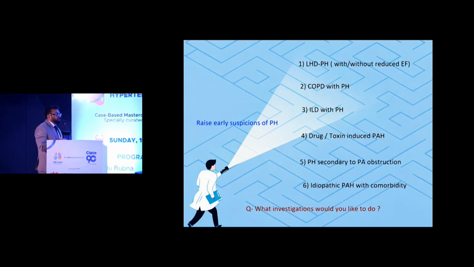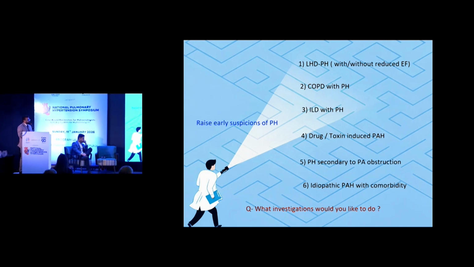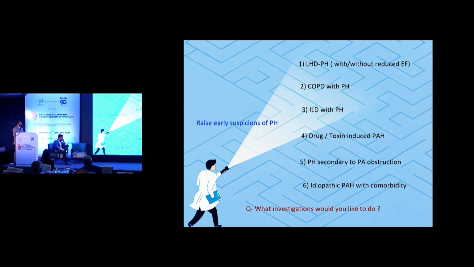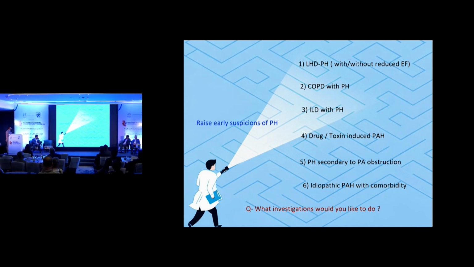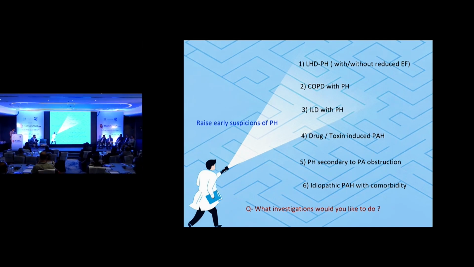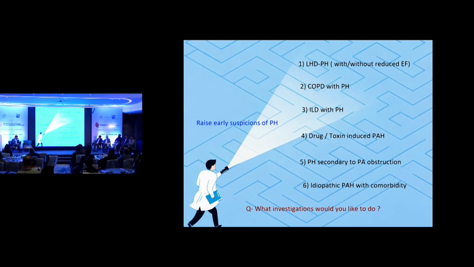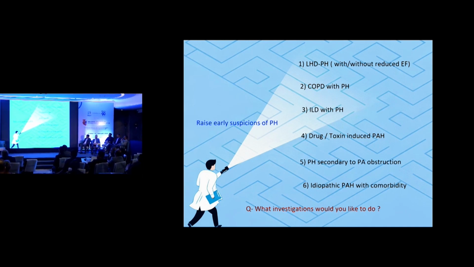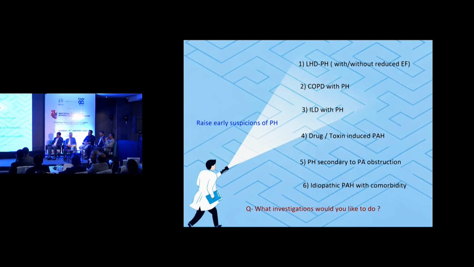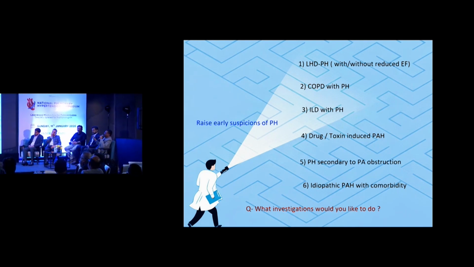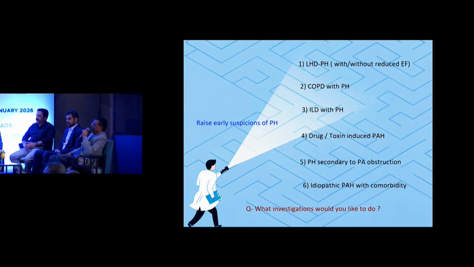Well, since the patient has breathlessness and oxygen requirement, we would like to do tests for lung diseases like chest X-ray, HRCT, followed by echo. Echo is very important to assess the condition of the heart and whether the left ventricle or the right ventricle, the right side of the heart, is working properly or not.